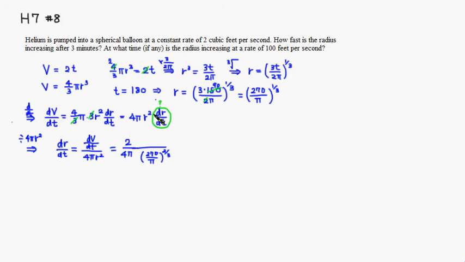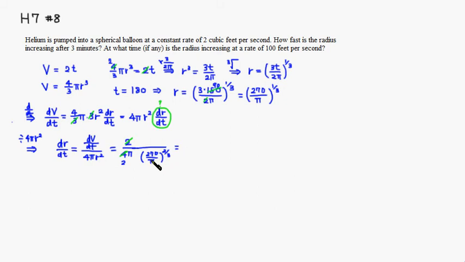Alright, so we're going to clean up so that we can compute this number. So you have a 2 and a 4 cancel out, so you have 2 left over here. I don't like having this fraction here, so I'm going to write it differently.